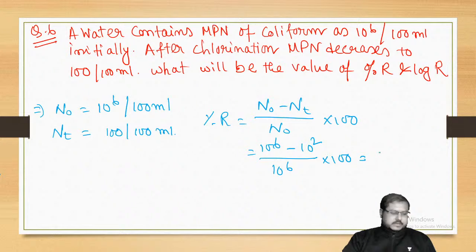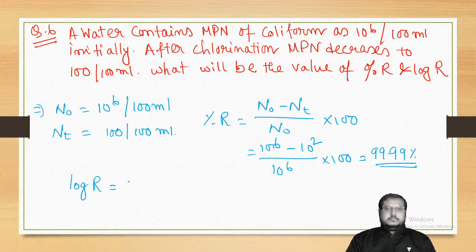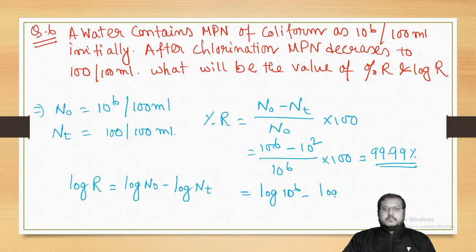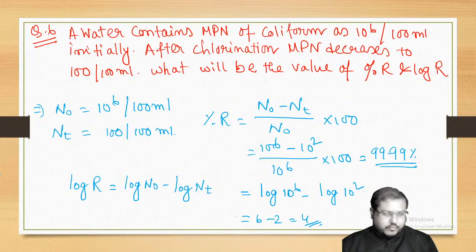It is 99.99%. Log R is 6 minus 2, which is 4.